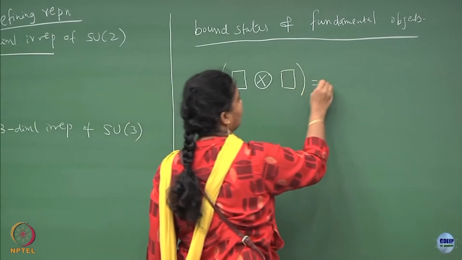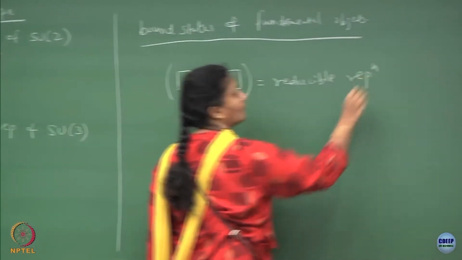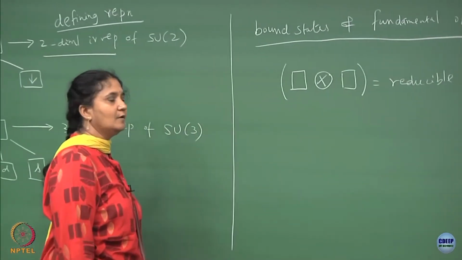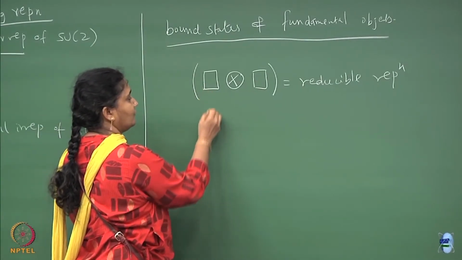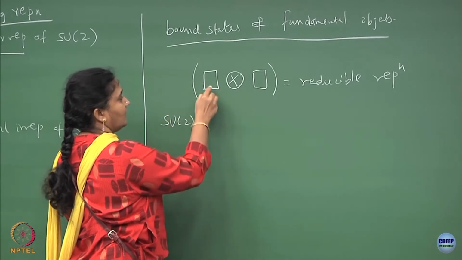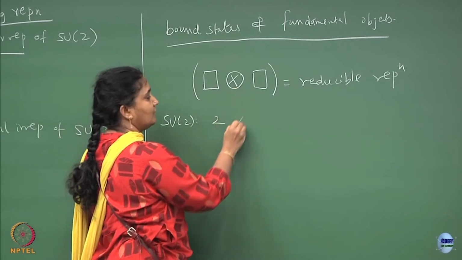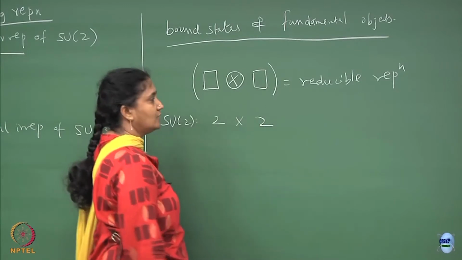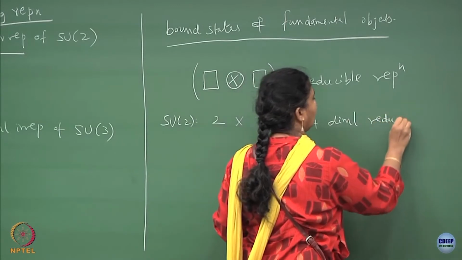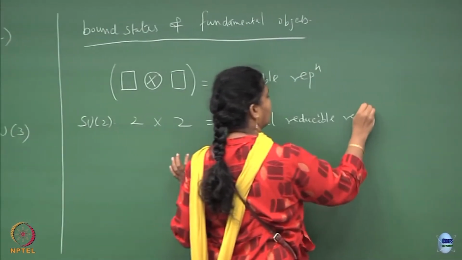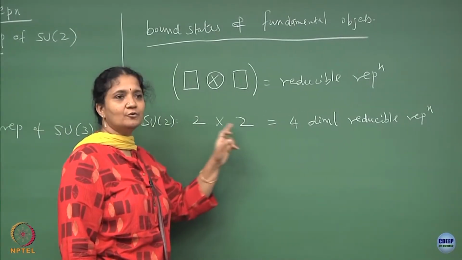This one is a reducible representation. Let us do SU2: the dimension of this is 2, the dimension of this is 2, so this is going to give me a 4-dimensional reducible representation. 2 times 2 is 4.